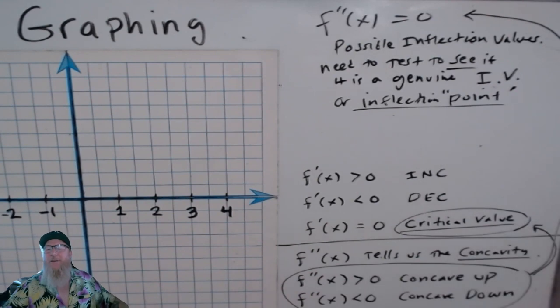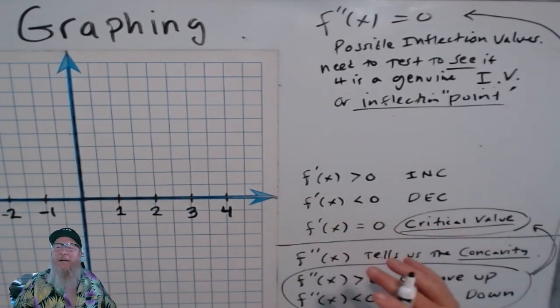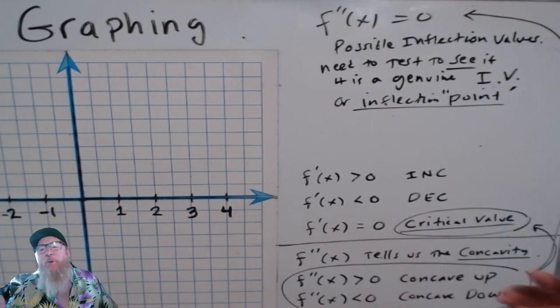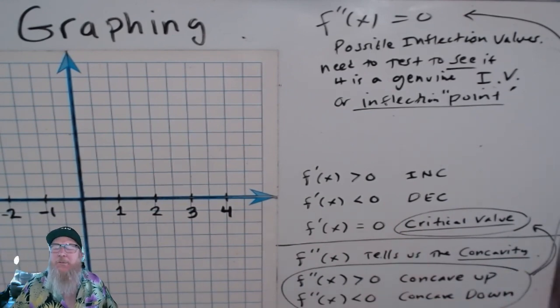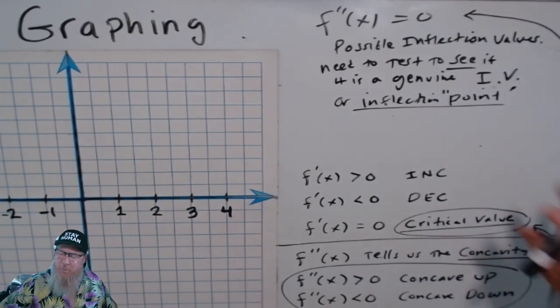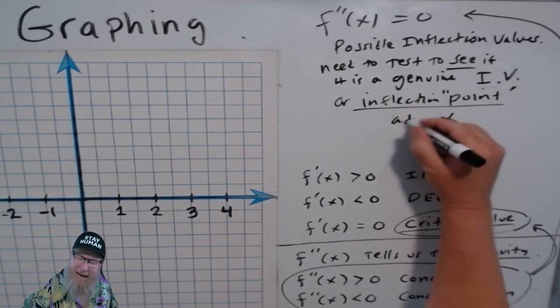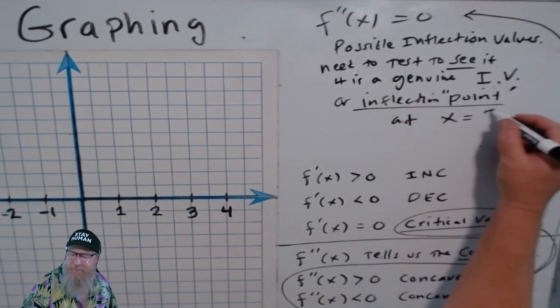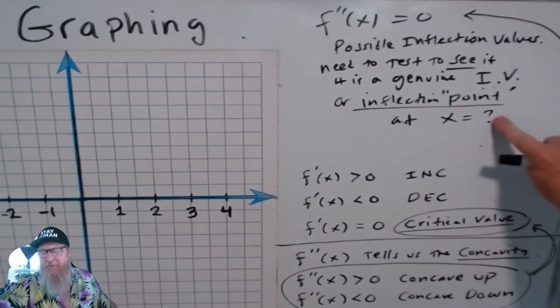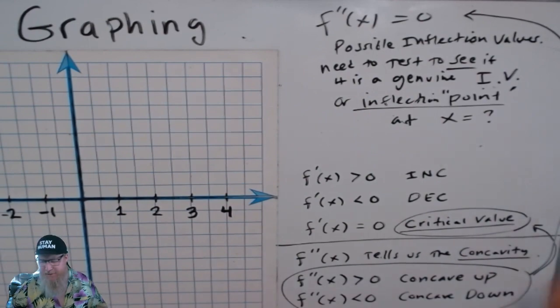The true definition of a point is an X and a Y value. I won't try to trick you. If I want both X and Y, I will specifically ask for it. I'll get more into the details as we do some examples. Once we find the X value, I usually say at X, whatever that value ends up being. For now, I'll just put a question mark. In the example that I'm about to do, it'll be one of these values here.